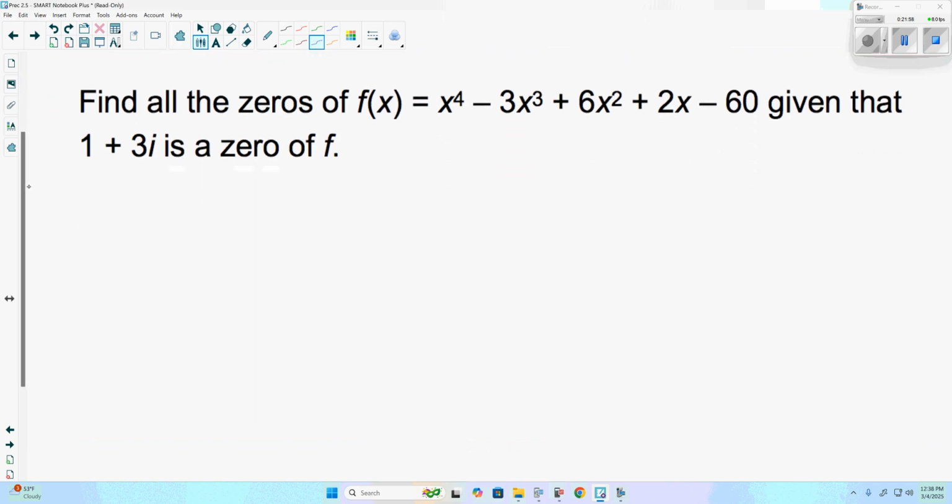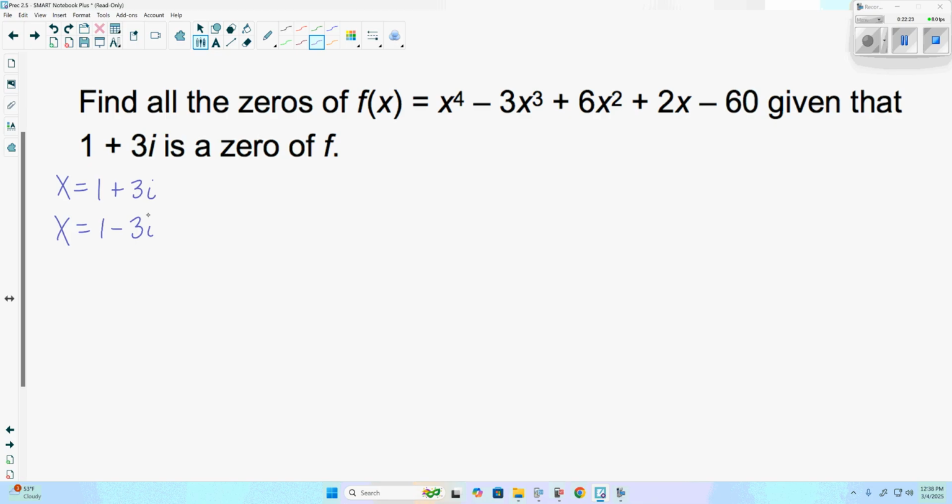So, we want to find all the zeros of this here, given that 1 plus 3i is a 0 of f. Well, we know that there should be how many solutions? 4. They told us one of them, 1 plus 3i. We actually know another one, 1 minus 3i.